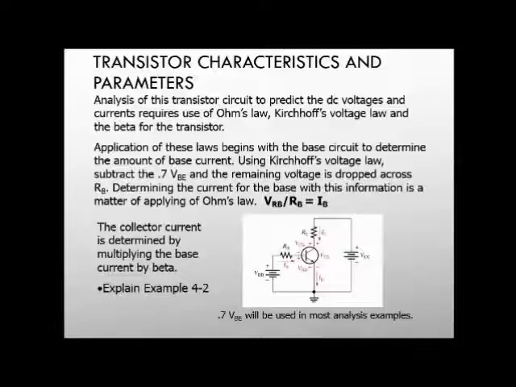Using Kirchhoff's voltage law, we have to subtract 0.7 from VB, which is used in most analysis examples. VBE, that is the voltage across the base and emitter, is generally 0.7 for silicon diodes. For germanium it becomes 0.4. So you need to know this VBE value. For silicon it is 0.7 and for germanium it is 0.4, and you have to apply Kirchhoff's law accordingly.